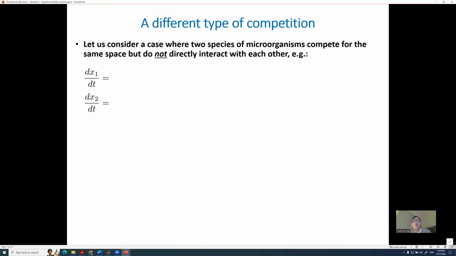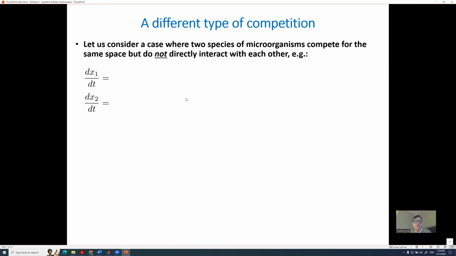However, they still coexist. If the two organisms coexist in the same host, they're going to compete for the limited space. So they're only going to compete for space, but not for nutrients.